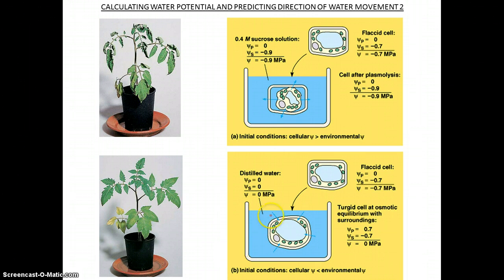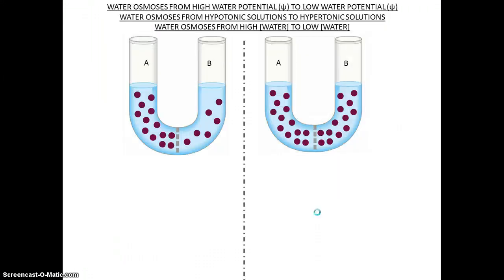And turgid conditions is when the plant cell is in a hypotonic environment, where water will enter the cell, and then it won't burst because of the cell wall, and we say it's turgid.